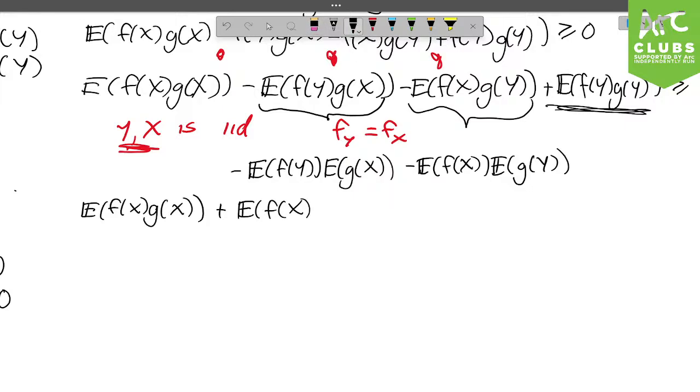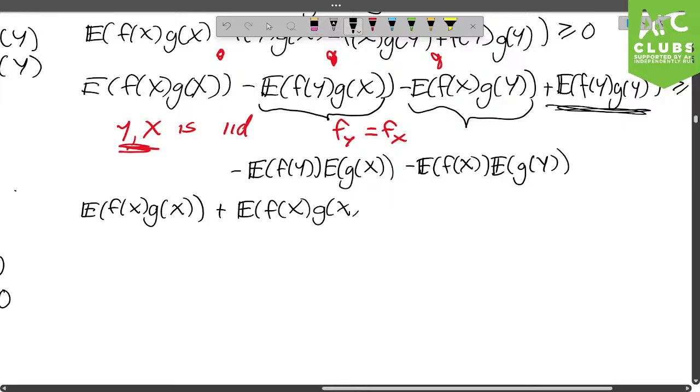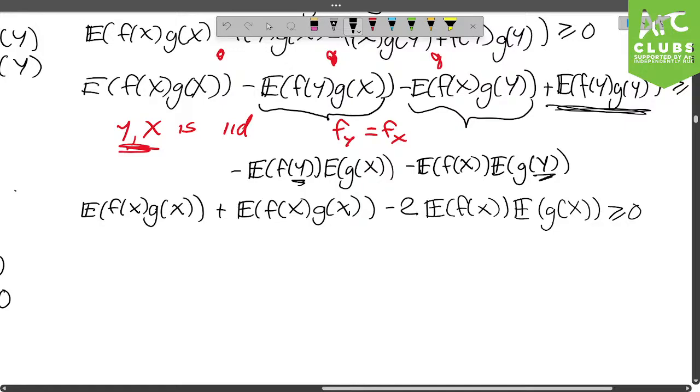And then I'm going to subtract off, well, these two terms become the same because the y becomes an x, so it's going to be twice the expectation value of fx times the expectation value of g of x. And this is greater than or equal to 0.